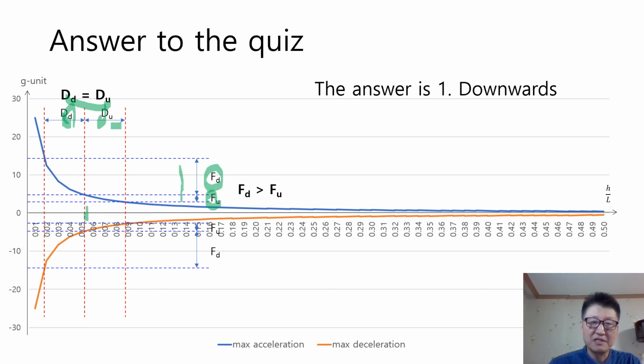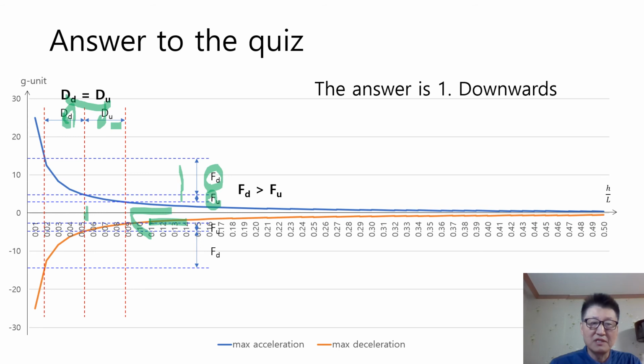This tendency gets greater as CG height gets lower in this direction, because the slope of graphs gets steeper when the ratio of h to L decreases. Therefore, the downward movement of CG height has a greater effect on the maximum forces than the same amount of upward movement of CG height does.